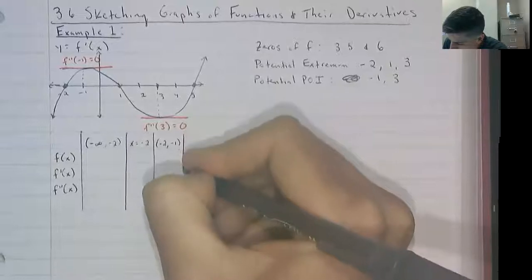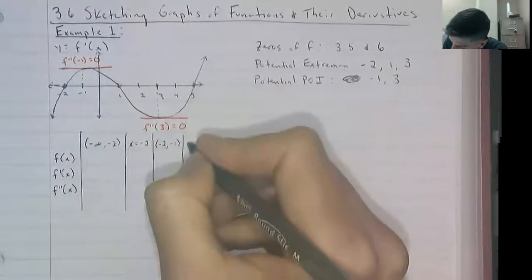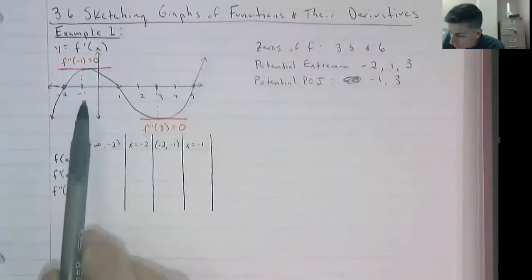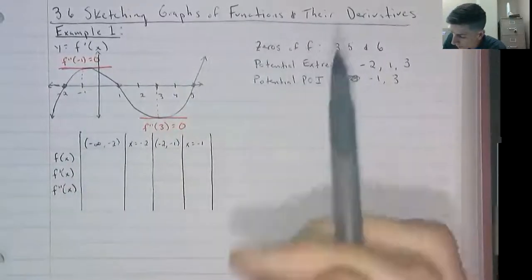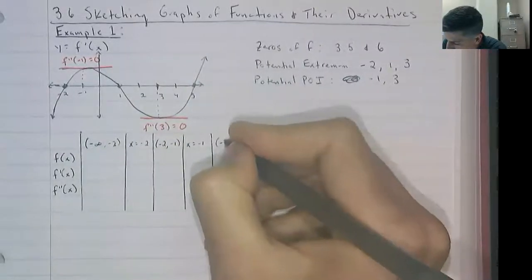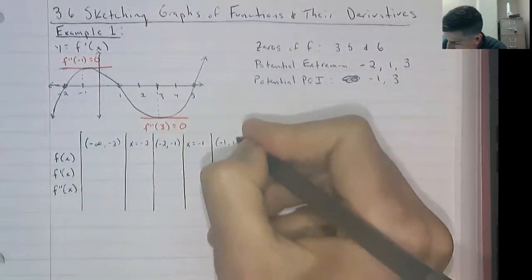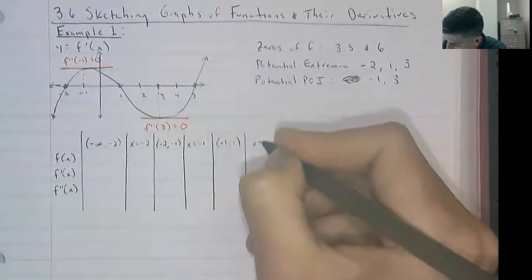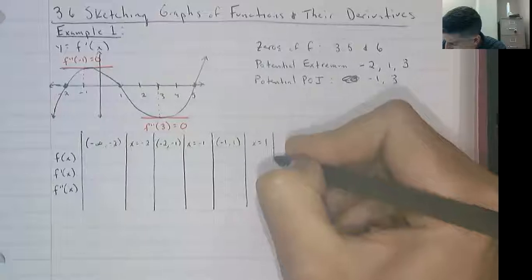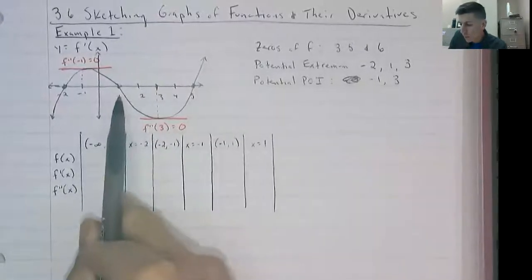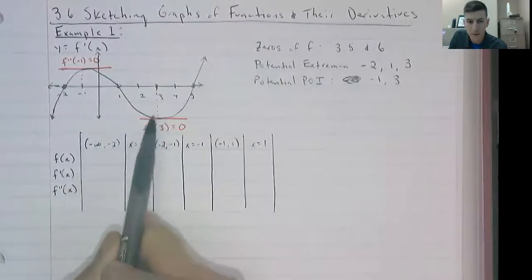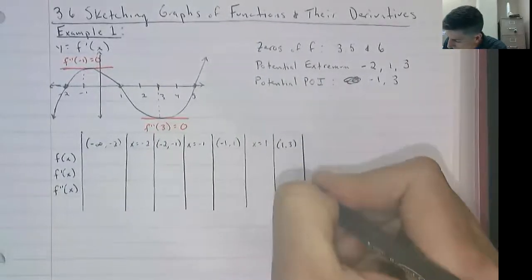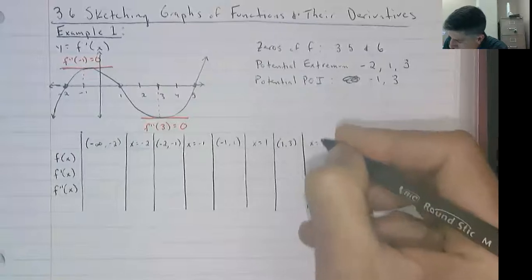What happens in between there? At -1. From -1 to 1 is our next interval of note. Then at 1 is a location of interest. Then between 1 and 3 is our next interval, because 3 is our next interesting point. And then x equals 3.